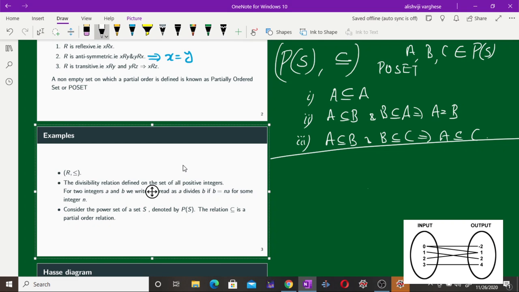Now, if we take some subsets of a partially ordered set, then the partial order relation defined can be restricted to the subset, and that becomes a partially ordered set.